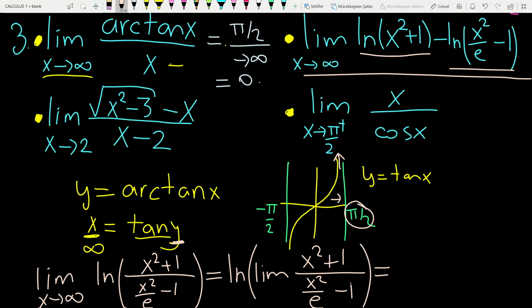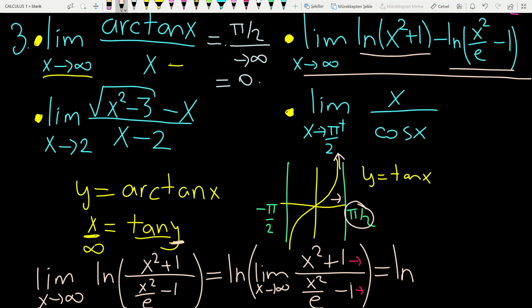When x tends to infinity, numerator tends to infinity, denominator tends to infinity. So we have an infinity over infinity case. Now I want to apply L'Hopital's rule. If you apply L'Hopital's rule once, then you have 2x in the numerator, 2x over e in the denominator. If you apply twice, then you have 2 in the numerator, 2 over e in the denominator.